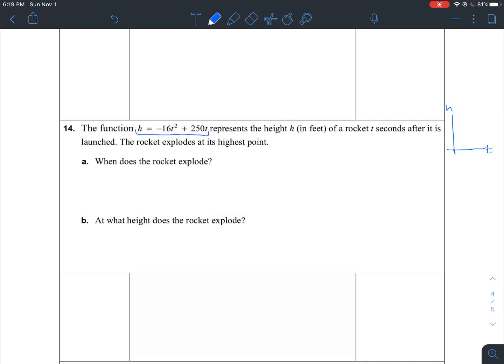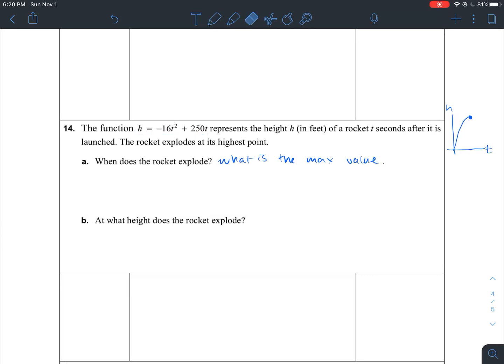So if you launch the rocket, it's going to explode right there at the highest point. So when does the rocket explode? So basically what it's asking is what is the max value? So we know how to find the max value.